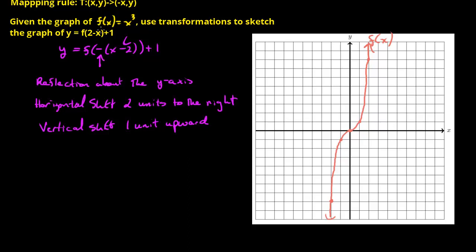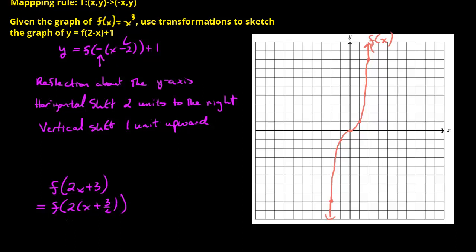Notice something here: I rewrote this so that I common factored out the negative. I wrote it in a form such that I have a coefficient of 1 beside x. If there's a coefficient beside x inside of your function, you have to common factor that out of these two terms to figure out what the transformations are. So, let's say you have f of 2x plus 3. To figure out what the transformations are, you'd have to write this as f of 2 times x plus 3 halves.